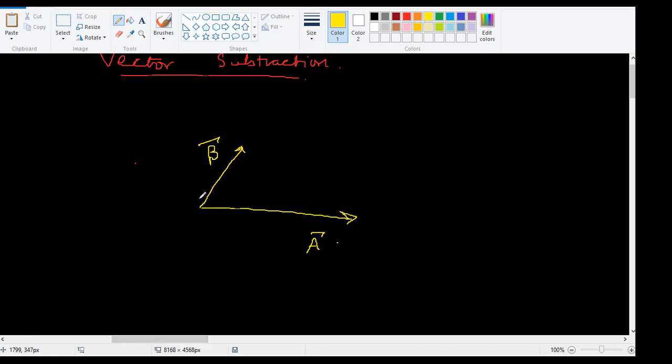If I say this is a vector, then I can say that minus a vector is going to be opposite to this. If you take just straight opposite, that is your negative of this. So which means this will be 180 degrees.